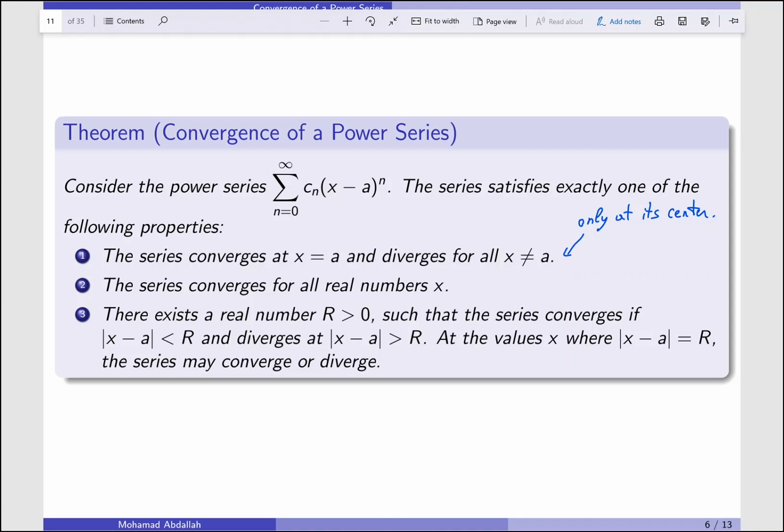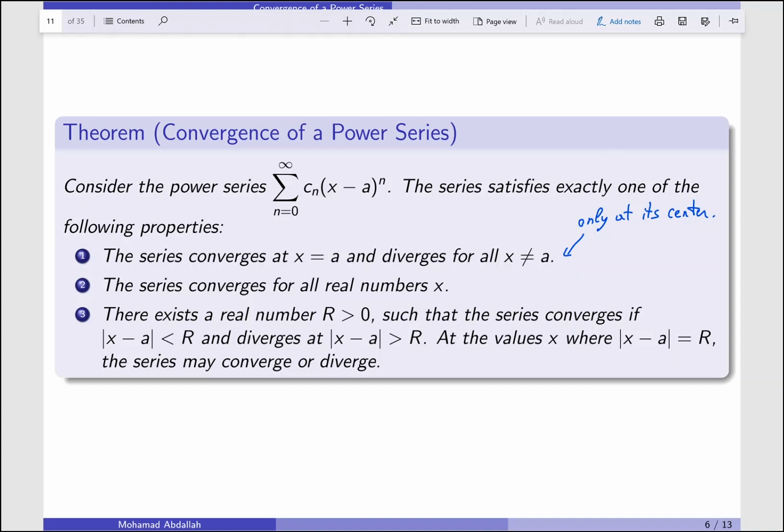Okay. The third possibility is very similar to the case of the geometric series. It will converge when the absolute value of x minus a is less than some number r. You will see how we can find this number, and diverge otherwise. Now here there's an important thing you have to be careful about.